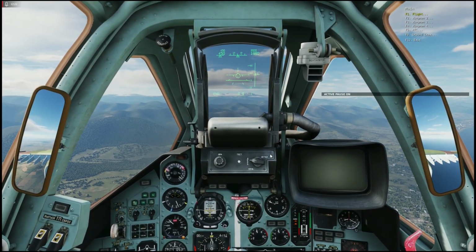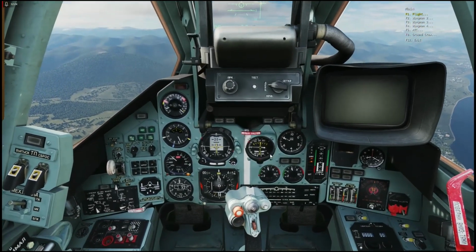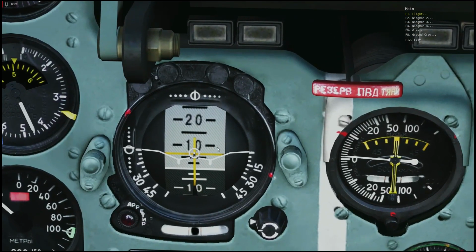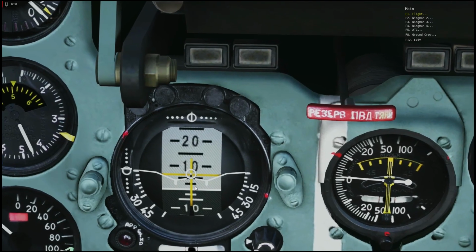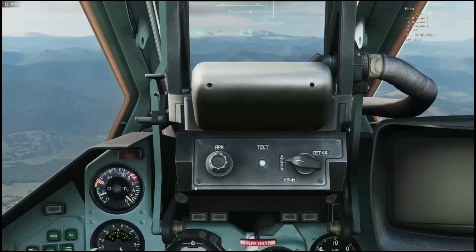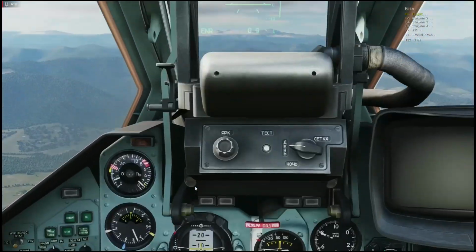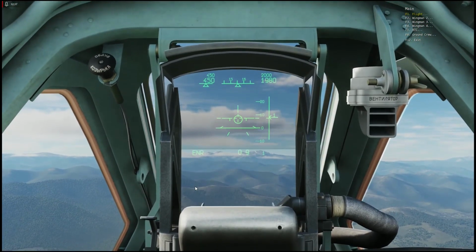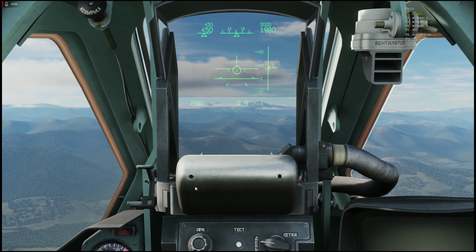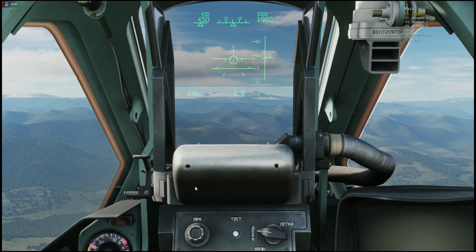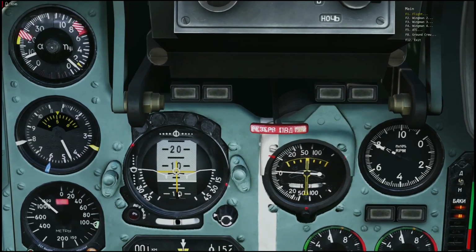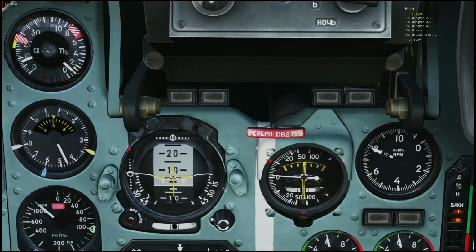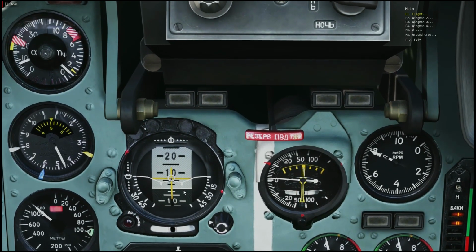And if you take a look at my ADI, those crosses are practically perfectly aligned. So I can confirm that my HUD is working by using that. And if I'm more comfortable using the HUD, I can also translate all that information down to the ADI. So slowly I'm getting comfortable using the ADI.